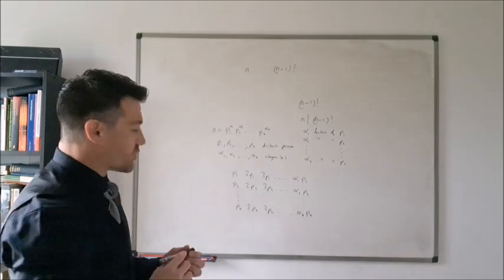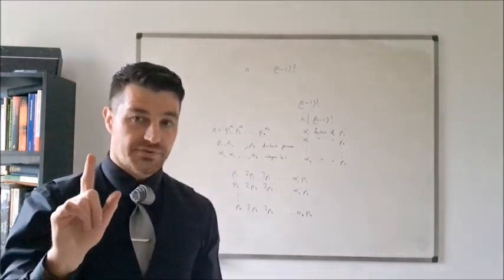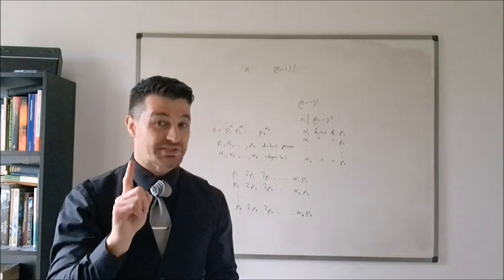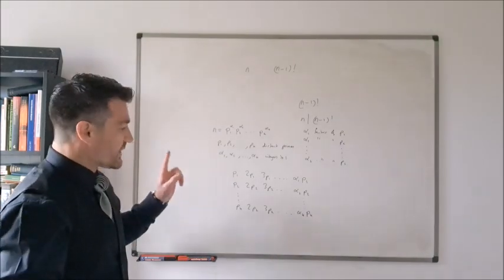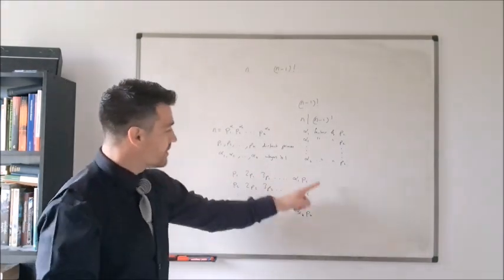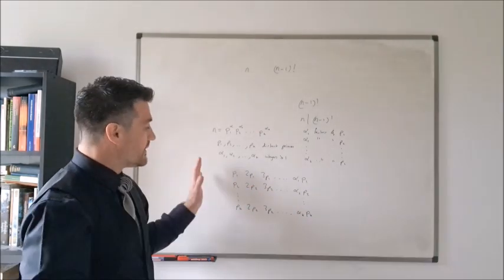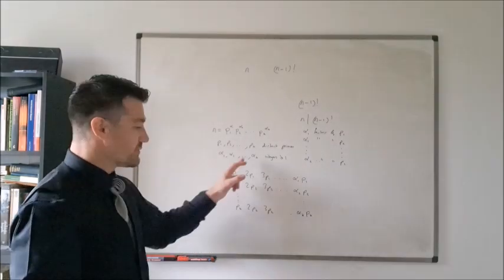Okay, so what I did initially and inadvertently, and those of you who are paying attention will know that what I'm about to say is wrong, and I acknowledge that it's incorrect. My initial assumption was that all of these numbers, p1, 2p1, 3p1, and so on, will all be distinct. Okay, in other words, no numbers will be repeated.